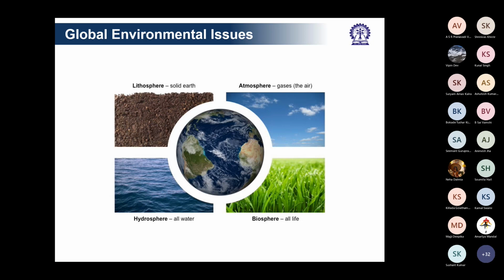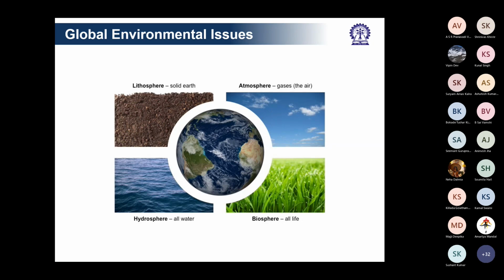And then the cover of the gases that envelop the Earth is called the atmosphere. And biosphere is basically the global sum of all living organisms, ranging from the tiniest microscopic organisms to the largest whales in the ocean.